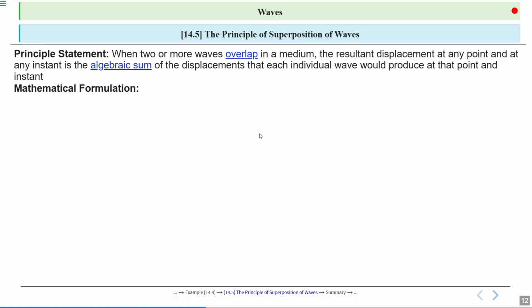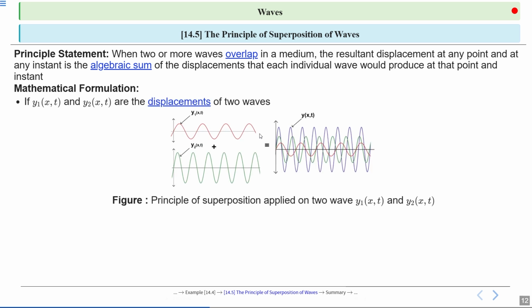Now let's look at how we can express this principle mathematically. We will use equations to describe the displacements caused by each wave. So suppose we have two waves with displacements y1 x of t and y2 x of t, where x is the position and t is the time.